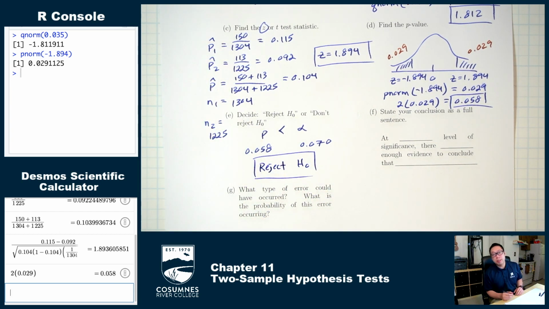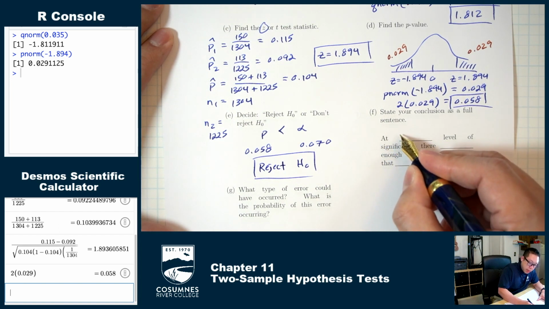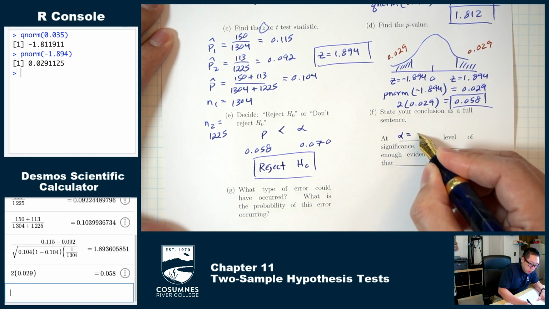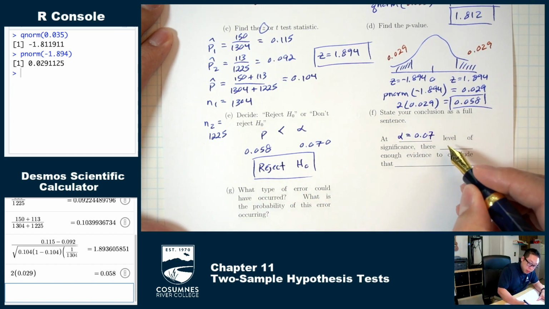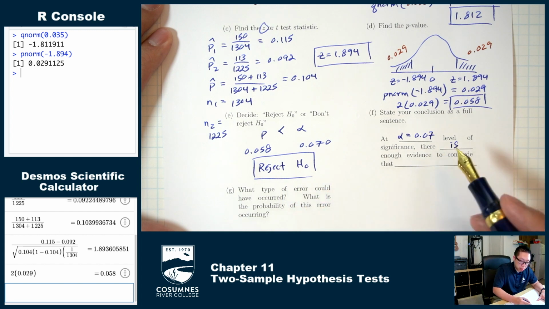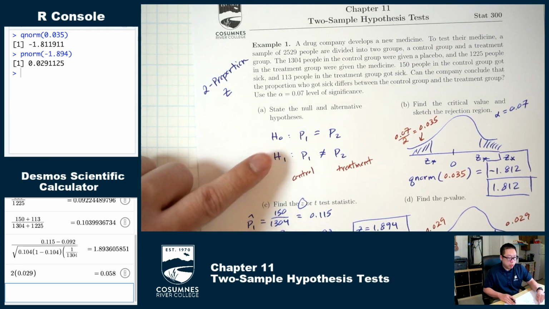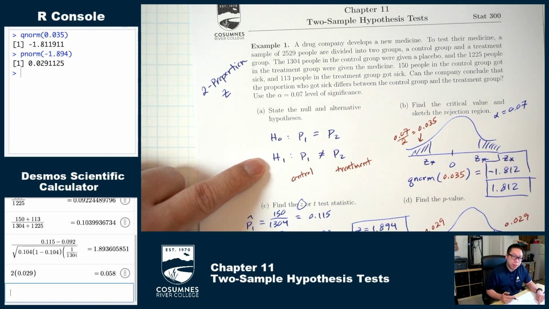And then our settings. State your significance level, so at alpha equals, we said was 0.07, level of significance, there is or is not. So if you reject, there is enough evidence. If you did not reject, there is not. So in this case, we did reject, so there is enough evidence to conclude, and then state H1 as a sentence. So H1 basically is saying that the proportion for the control is different than the proportion for the treatment.